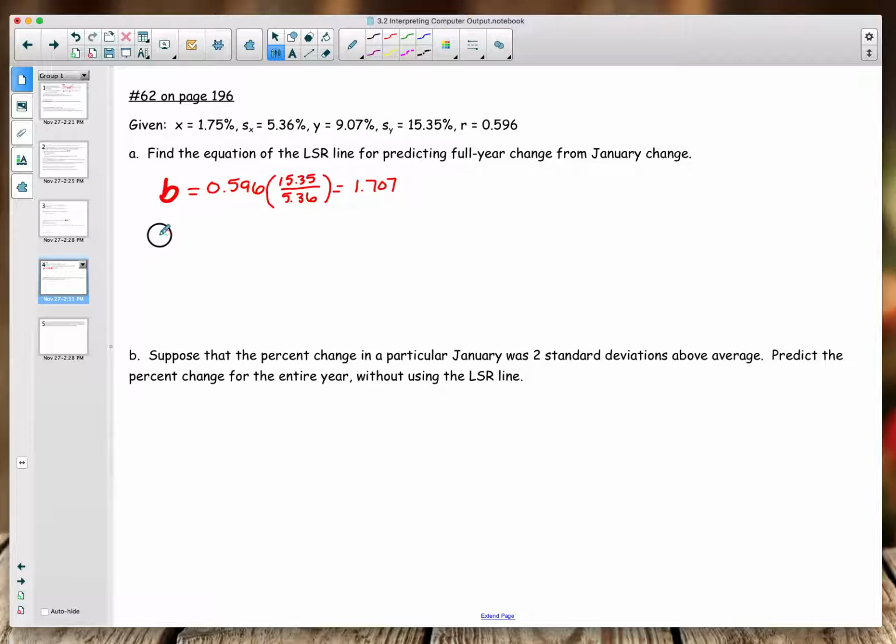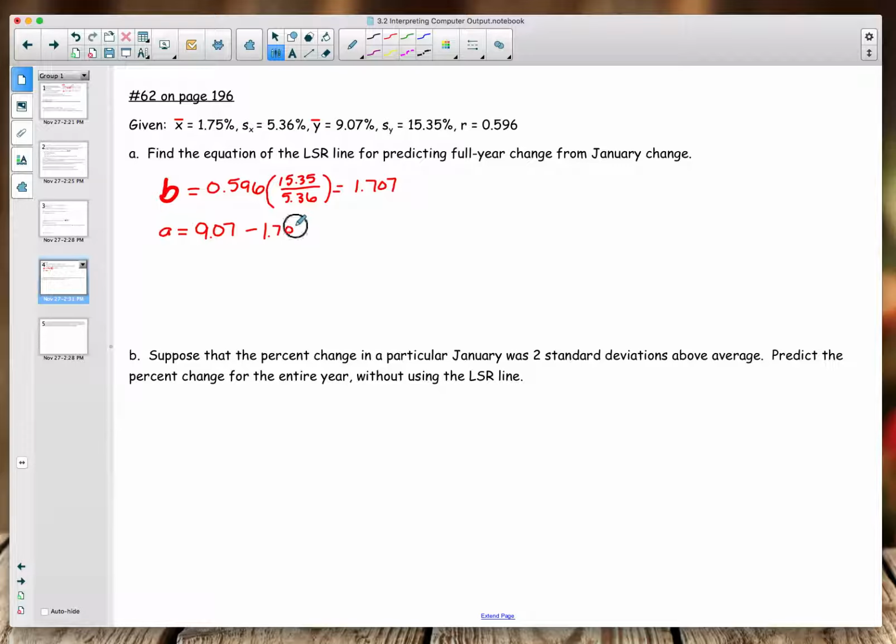All right, then we can calculate our y-intercept. We can calculate A. Remember, that's going to be the mean of y, which is 9.07. And actually, there should be bars over those. So that's going to be 9.07 minus B, which is what we just found.